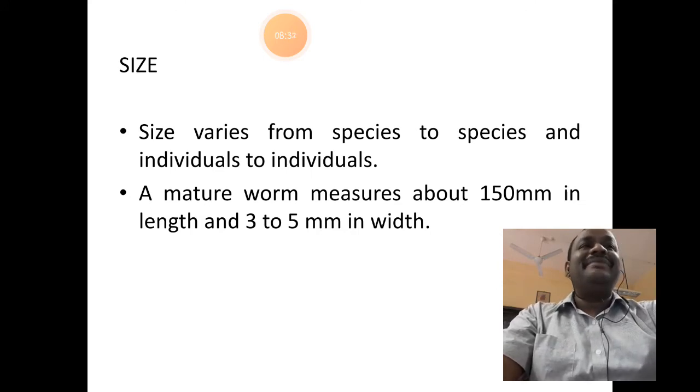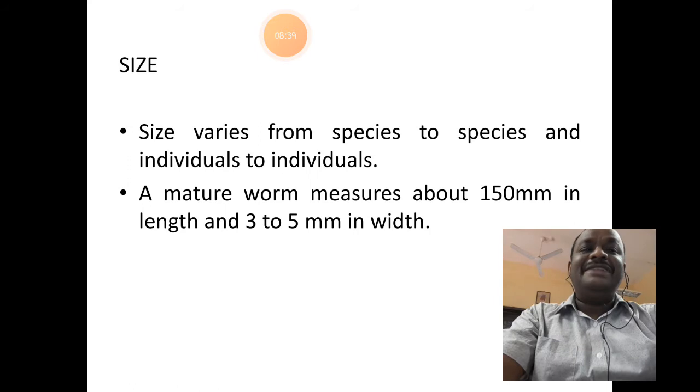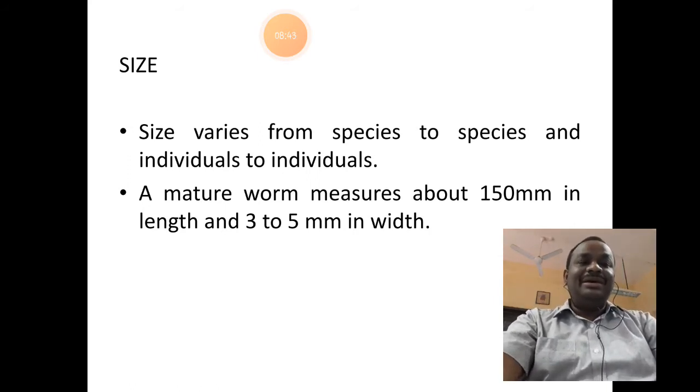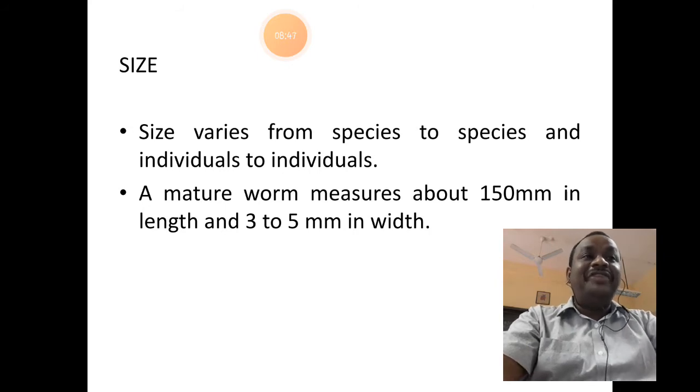Students, in my previous class, I think I mentioned the length of an earthworm as 150 centimeters. Please correct that, and I am very sorry for giving a wrong unit.